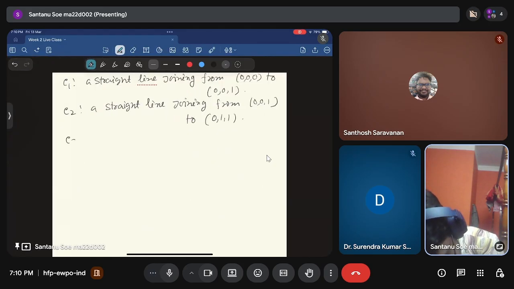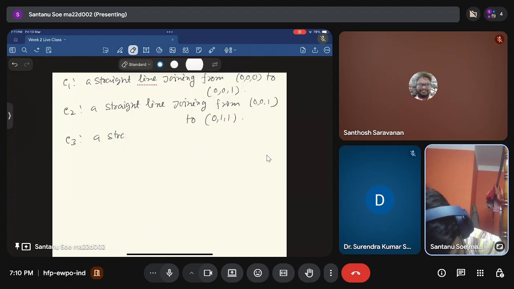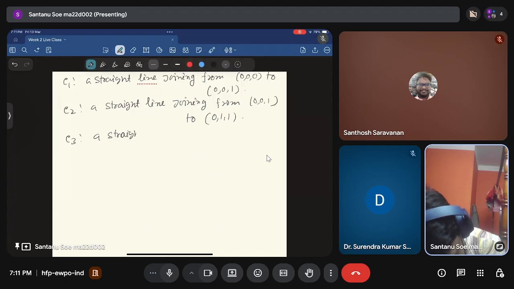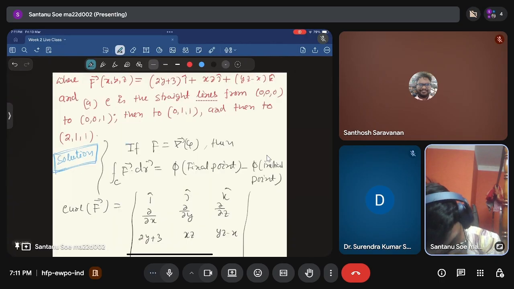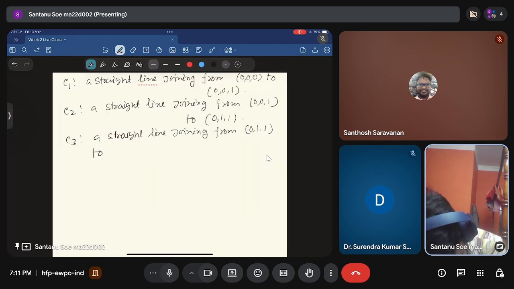And C3 is also a straight line joining (0, 1, 1) to (2, 1, 1). Okay.